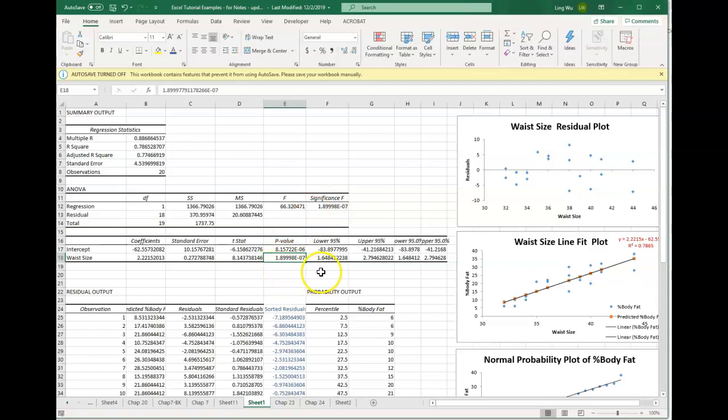And remember, we talked about the 95% confidence interval. We just talked about these two values for B1, 1.648 and 2.795. Those are the two values. It's the 95% confidence interval for B1.